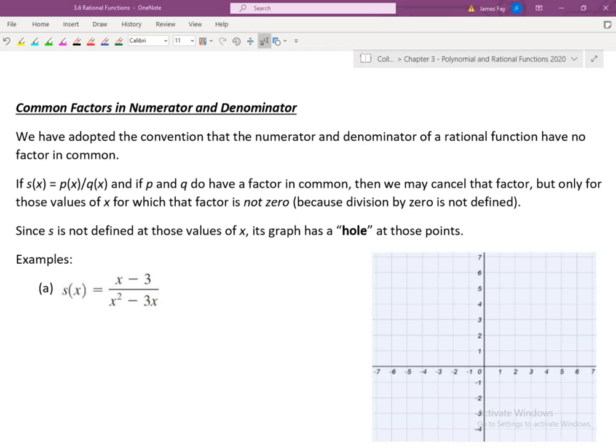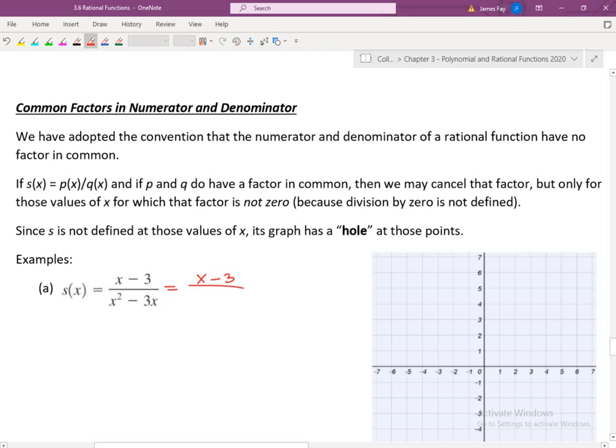And just the behavior that happens to the left and to the right of x values that are close to the x value of that common factor, you do not end up getting asymptote-like behaviors. So let's look at this. Let's factor this bottom. What's that bottom going to factor to here?